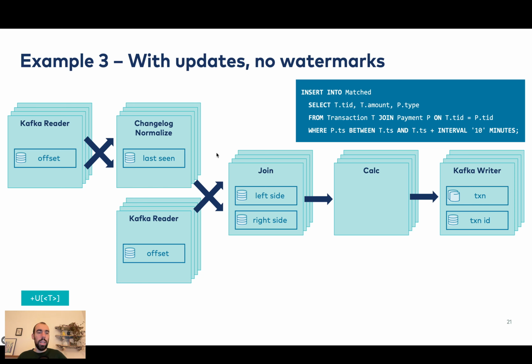So how does that look? Kafka will send an update after for the transaction, and the changelog normalize will get this update after. It will compare with its own state. It will store the last seen record for this key in its state, and if it has not seen this key before, as you can see, it converted the update after into an insertion because it's the first time that the engine has seen this key.